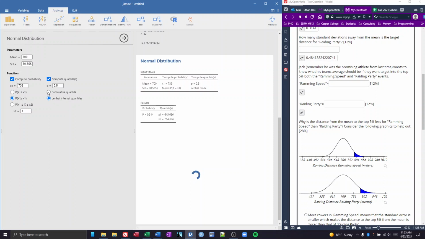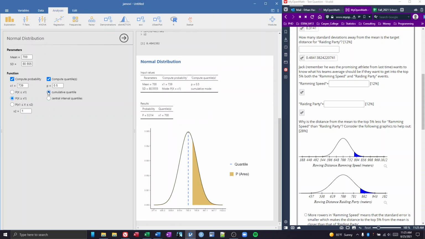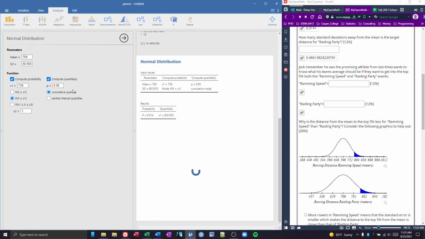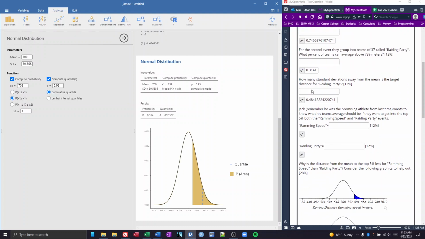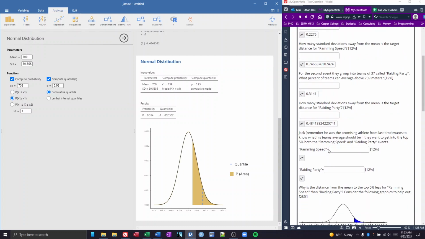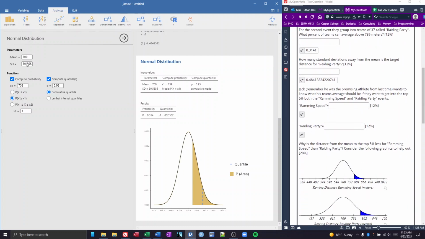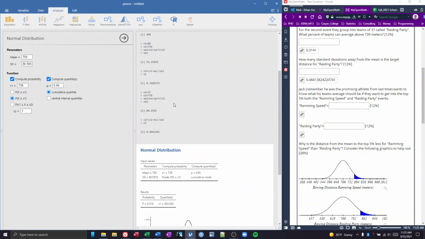We want the cumulative quantile, and we want to be in the top 5%, which means that from the left, we want to go to 0.95, and that will give us our top speed. Now, this one is with regard to using the standard deviation of the second event. So that one's for the raiding party, because we use the standard deviation of the 80.55.